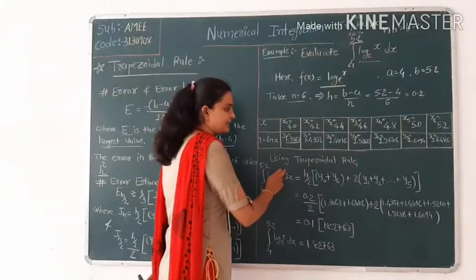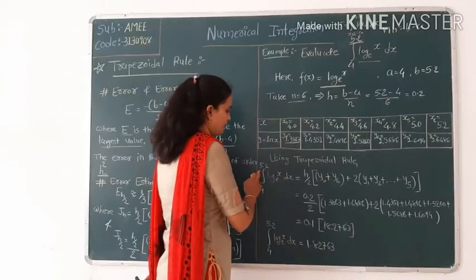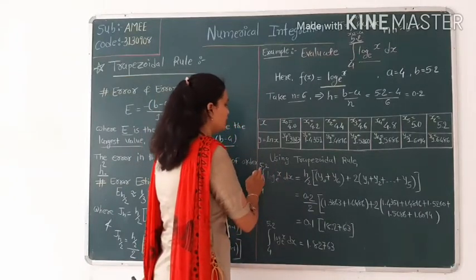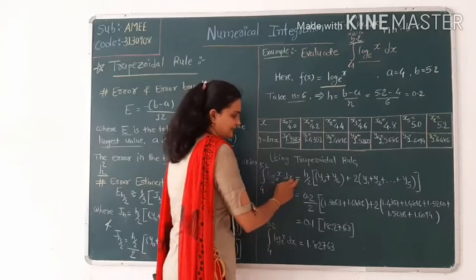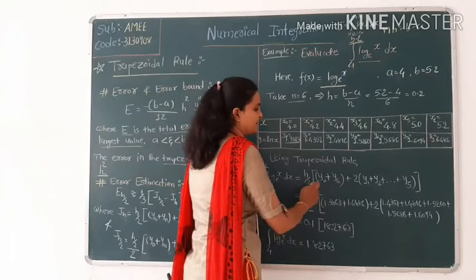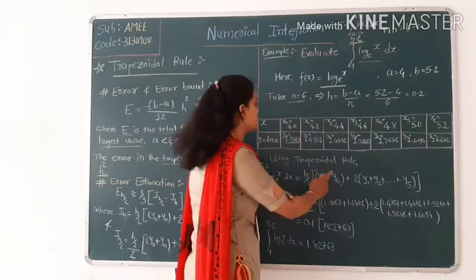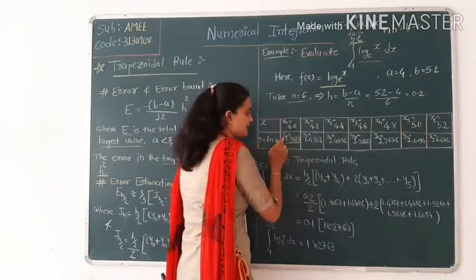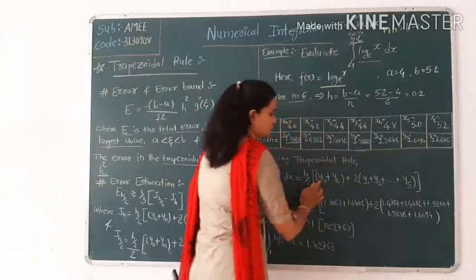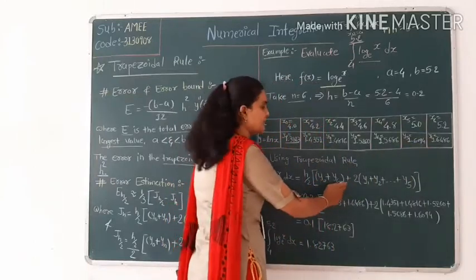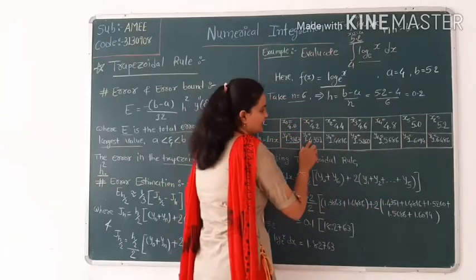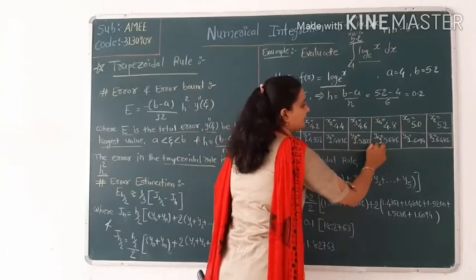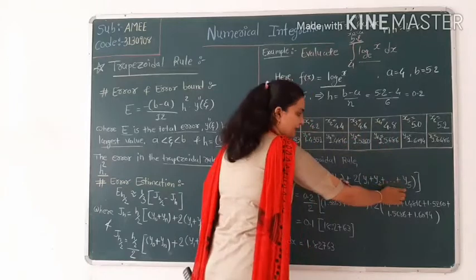Now, using the trapezoidal rule, our formula is the integral from 4 to 5.2 of log x to the base e dx equals h by 2 times the sum of extreme ordinates. The extreme ordinates are y0 plus y6, plus 2 times the remaining terms, which are y1 plus y2 plus y3 plus y4 plus y5.